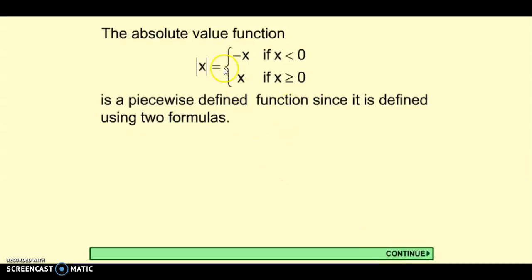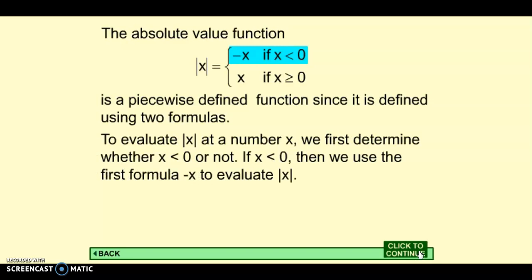So here is the absolute value function, which is a piecewise defined function since it is defined using two formulas. To evaluate mod of x at a number x, we first determine whether x is less than 0 or not. If x is less than 0, then we use the first formula, that is minus x, to evaluate the mod of x.